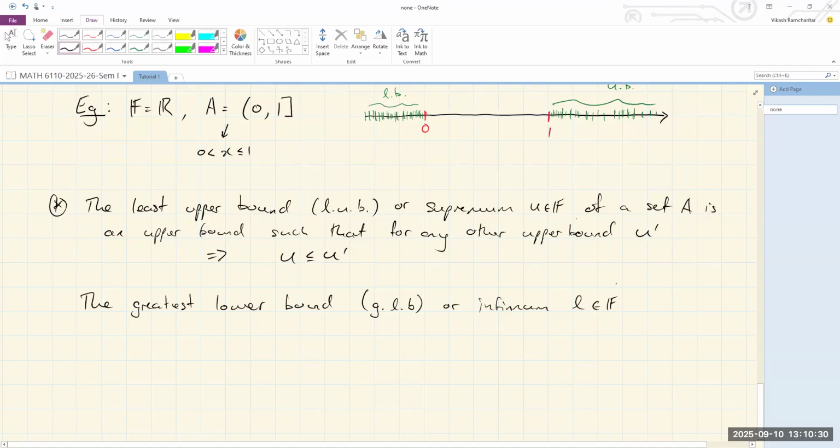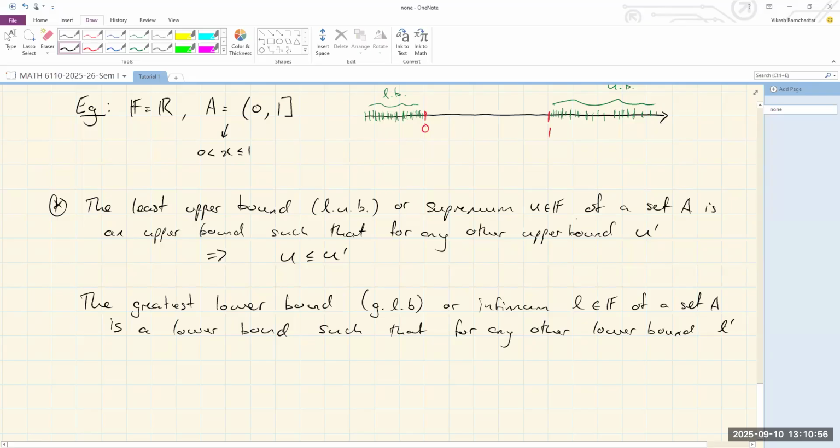So the greatest lower bound or infimum of a set A is a lower bound such that for any other lower bound L prime, this means that if this is the biggest of the lower bounds, if I take any other lower bound, it must be less than or equal to this guy.